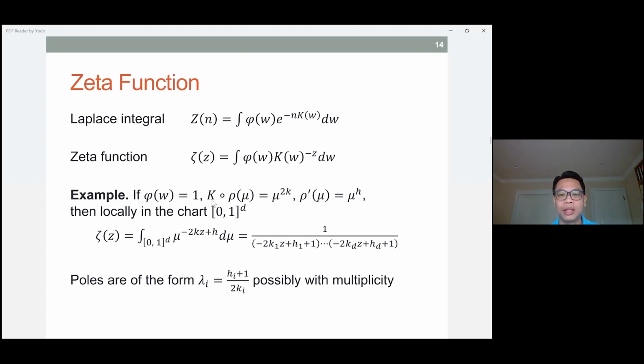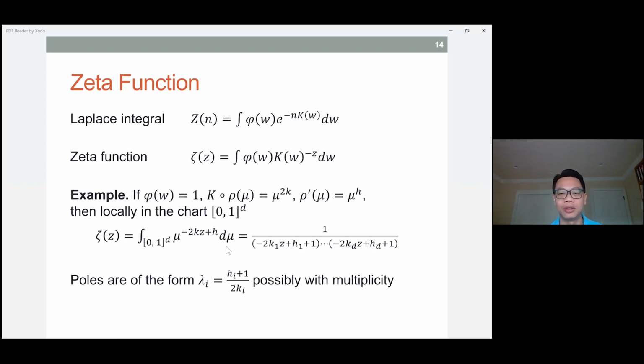If you have K of rho equal to mu to the 2k, and the Jacobian of rho is also some monomial mu to the h, then your zeta function becomes the integral over this small chart, this hypercube [0,1], of mu to the minus 2k z plus h. Here z is my variable for the zeta function, and it has a nice closed form. You could ask a high school student to do this integral.